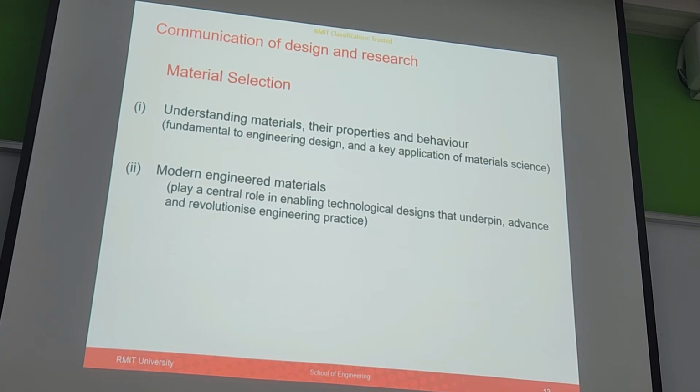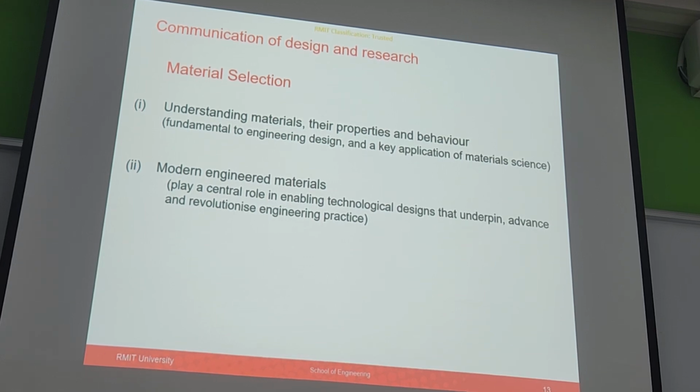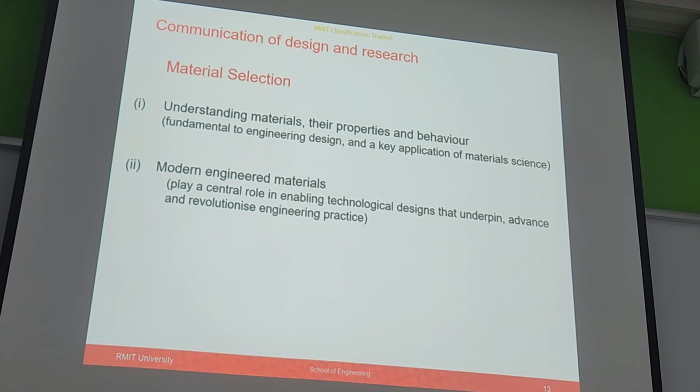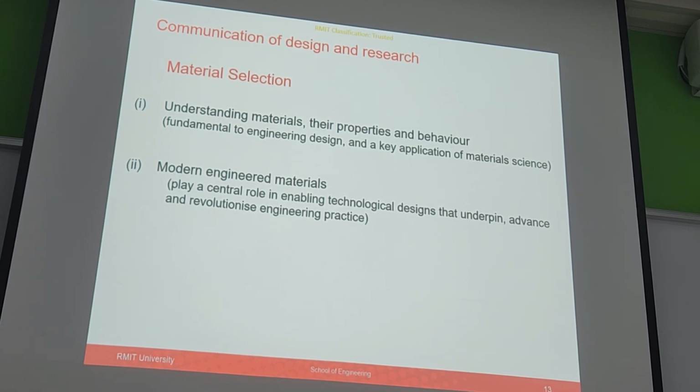But sometimes it's very critical for you to use a modern engineered material. Every engineer can understand, okay, the material we have is composite, plastics or something, and then you can use it. But modern material means based on the research. You find it from them and then use it.